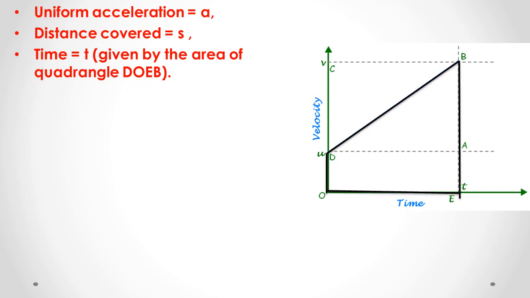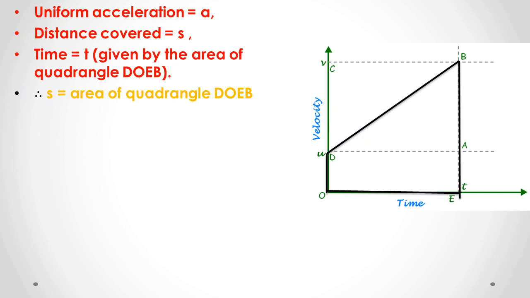So this is a quadrangle, a mathematical shape, we know this. This quadrangle denotes the displacement, the distance covered within the time T. Therefore S is equal to, now what is S? This is the distance covered. So distance covered will be equal to the area of quadrangle DOEB.